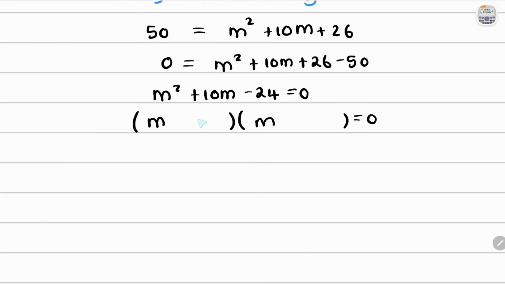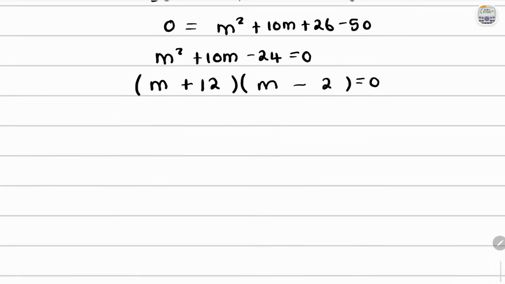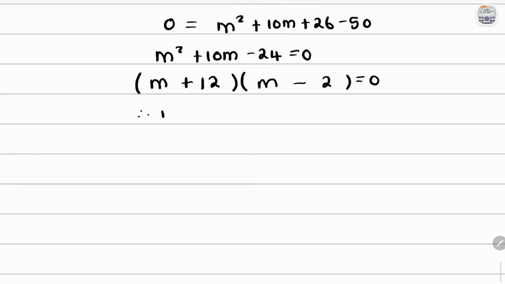So factors of 24, we can try 12 and 2. 12 times 2 is 24. But now if you make this one positive, positive 12 minus 2 gives you positive 10. But positive 12 times negative 2 gives you negative 24. So those are our factors. Therefore, m is either equal to negative 12 or m is equal to positive 2.